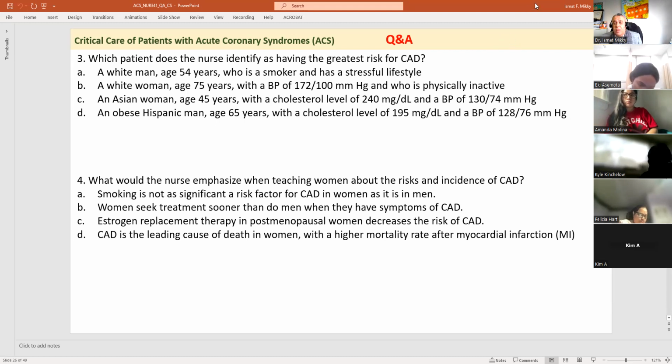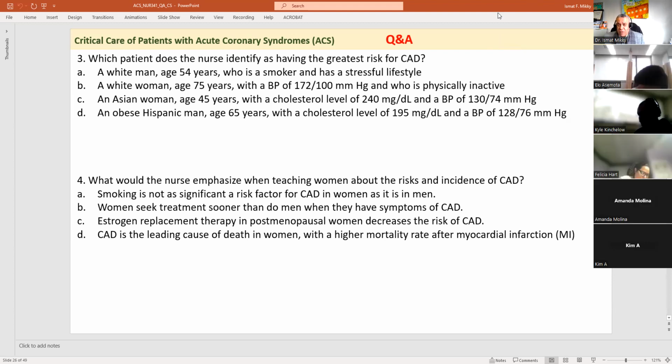What would the nurse emphasize when teaching women about the risk and incidence of CAD? And it would be D, that CAD is the leading cause of death in women with a higher mortality rate after myocardial infarction. So coronary artery disease is the leading cause of death in women.